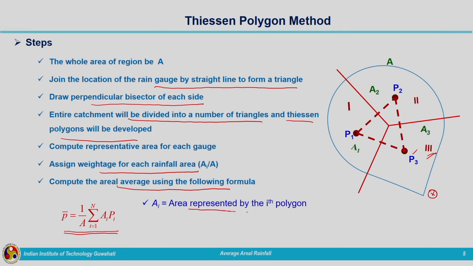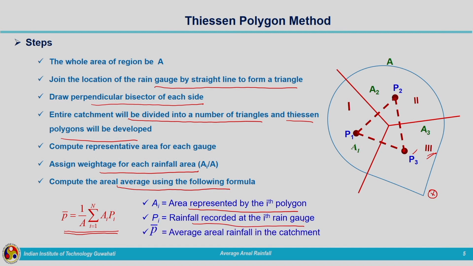Ai is the area represented by the ith polygon, Pi is the rainfall recorded at the ith rain gauge, and P bar is the average areal rainfall in the catchment. By using this formula, we can get the average areal rainfall from the catchment.